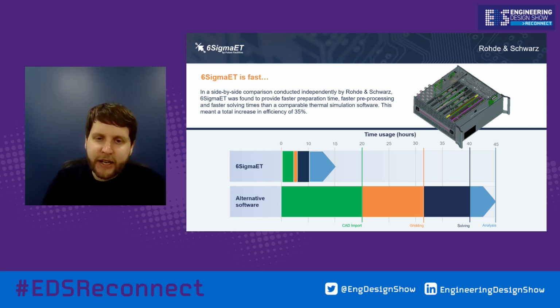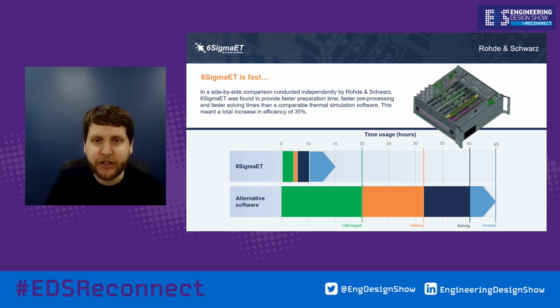In many thermal simulation tools, you'll hear a lot about CAD preparation and CAD simplification and the importance of doing that. In Six Sigma ET, that is often not necessary, which means that instead of spending 20 hours on CAD import, you can just spend the few hours that's needed in Six Sigma ET, dramatically cutting out that time. Another process that could take quite a long time in some tools, which again puts people off, is gridding or meshing.